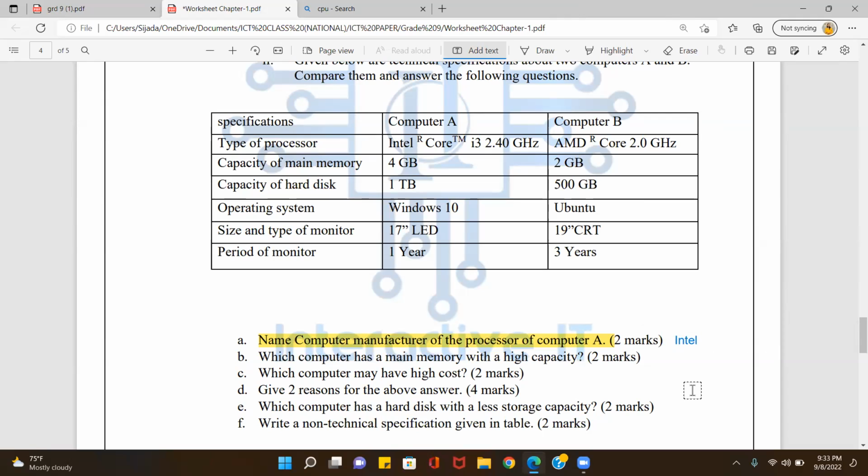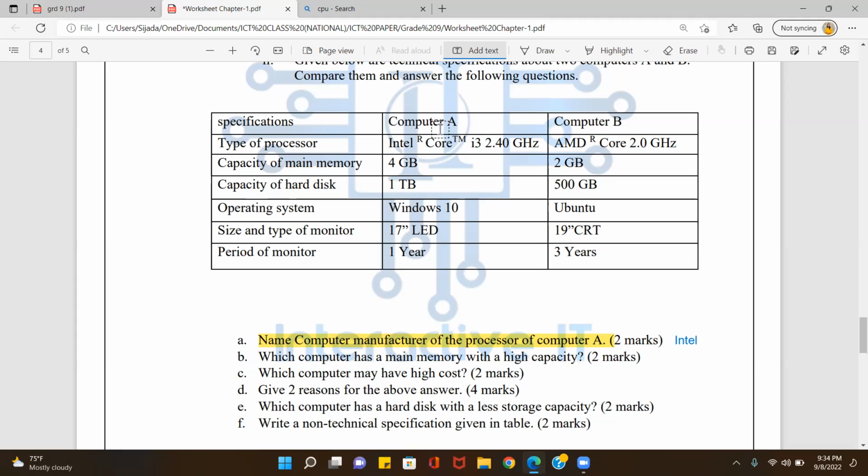What about the type of processor used in computer A? i3. Yeah, what is the type? Quad core, yes, very good.